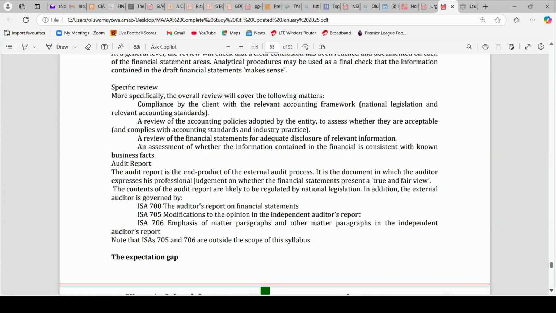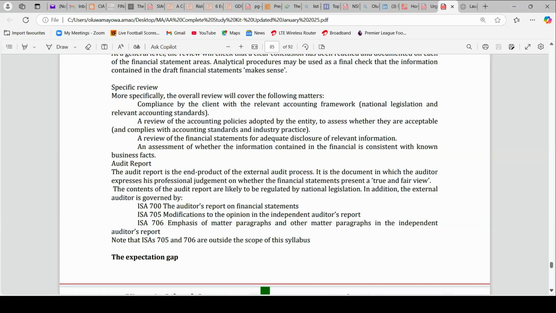They are looking for what is not lost. Now, that's the expectation gap: what people think about the auditor and what the auditor actually should do.